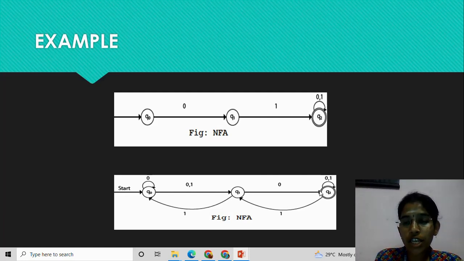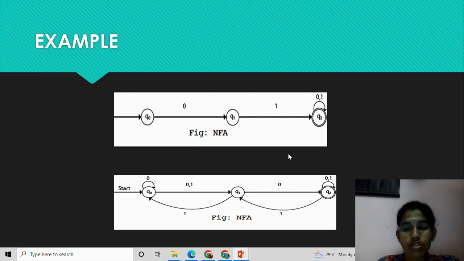For a particular input 1, it goes to 2 states. One is itself, the second one goes to Q1. This is known as NFA. For a particular input, it has multiple paths from one state to the next state.